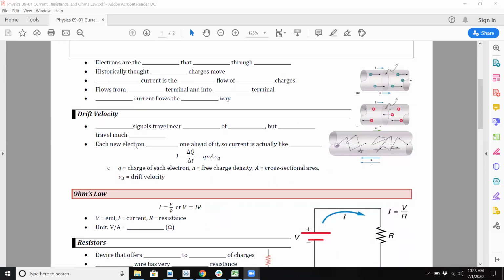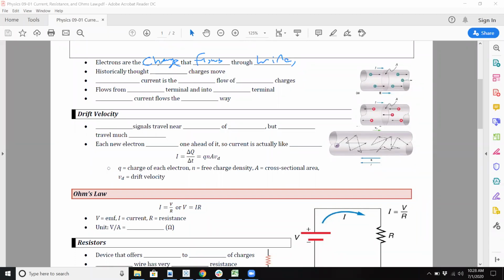Electrons are the charge that flows through wires. So that's what we expect. And that's why we see electricity flowing through all these things we have in our lives.